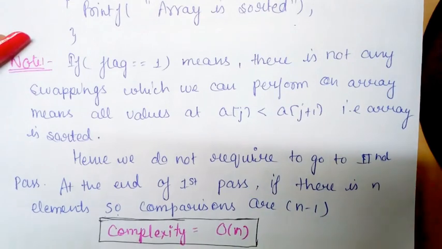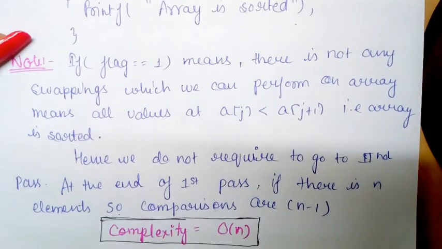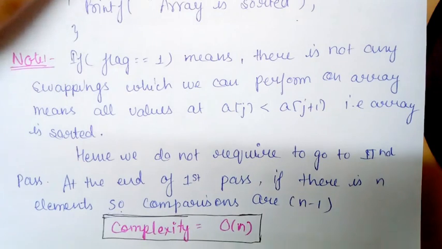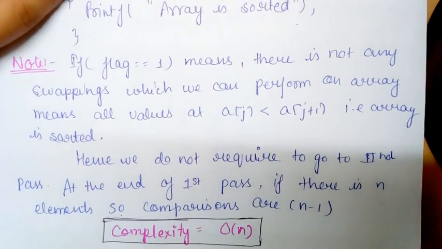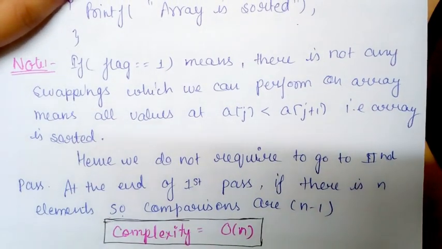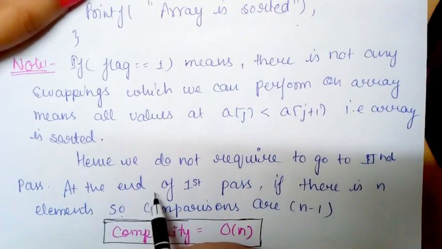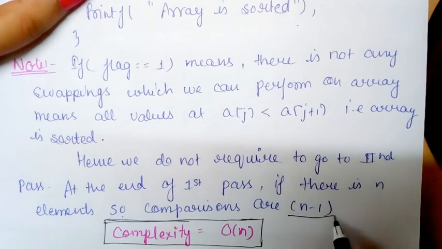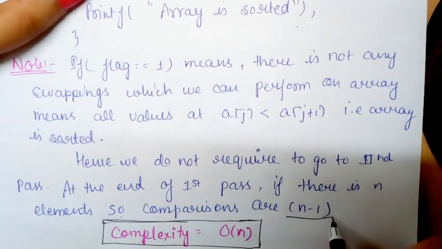In bubble sort, if we have 5 elements, we have 4 passes, but at the end of the first pass only we get to know that we don't need any swappings and the array is sorted. So why should we go to the second, third and fourth pass? We don't require any second pass. At the end of the first pass, if there are n elements, there will be n minus 1 comparisons.